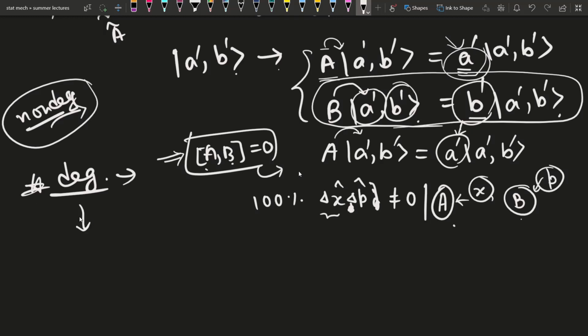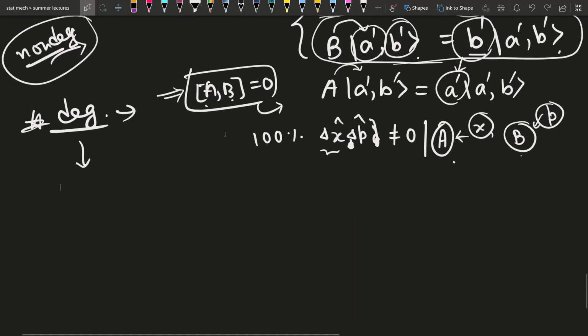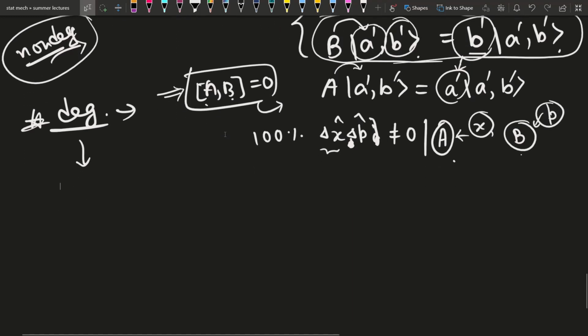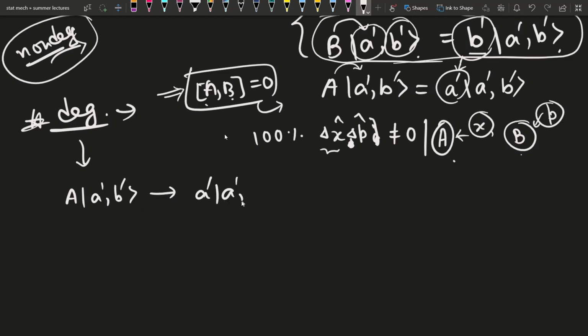So we will use the same concept here for the degenerate case. If we do the measurement A initially on the state A', B', suppose it gives us eigenvalue A. Now this is the degenerate case, which means the state is not only B'.